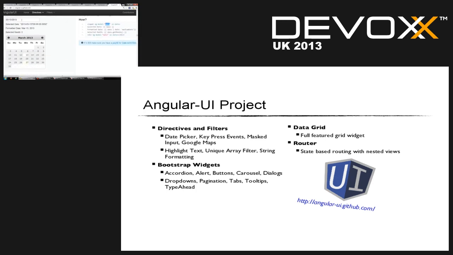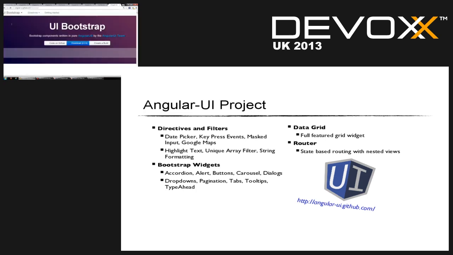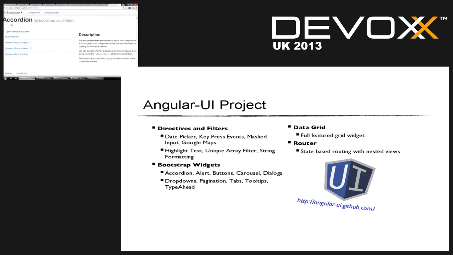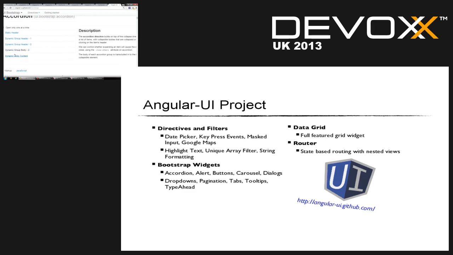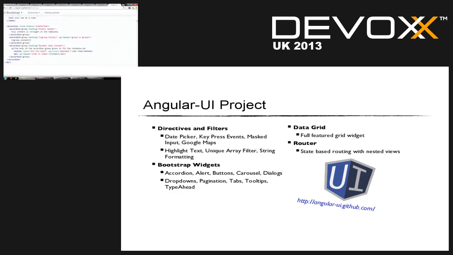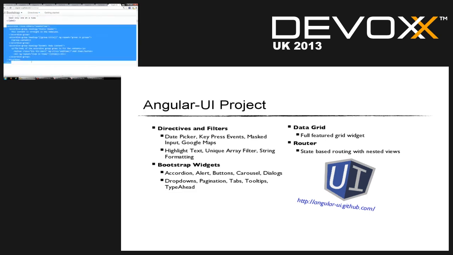And so you can see that as we choose new dates, everything gets updated automatically. And for those of you who like Twitter Bootstrap, we've also created wrappers around most of the Bootstrap bits and pieces. So here's an accordion, which all works very nicely. And you can see here that I think this is a really good demonstration of what you can do with Angular.